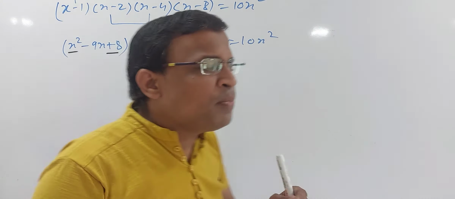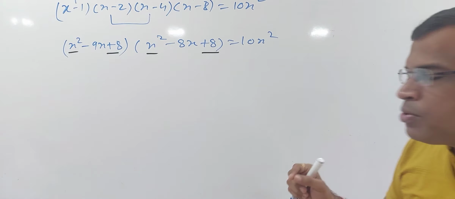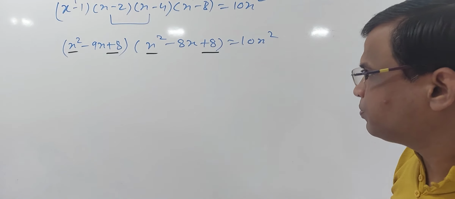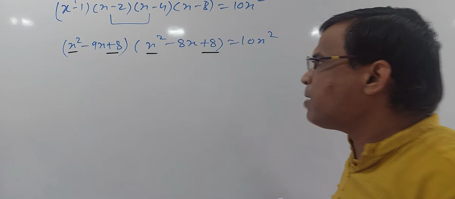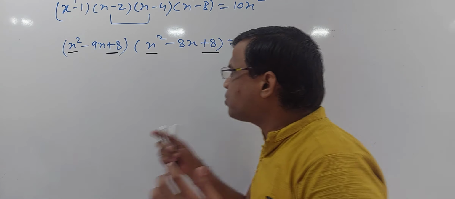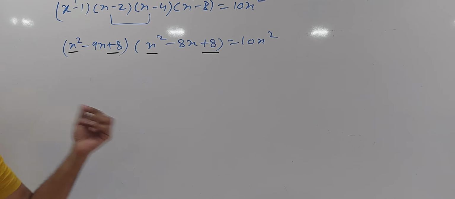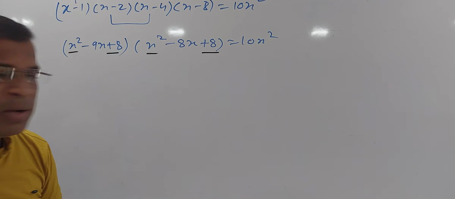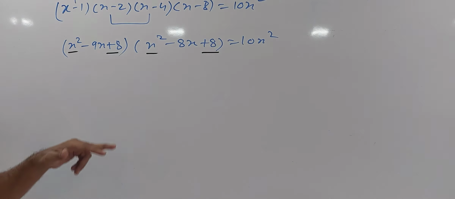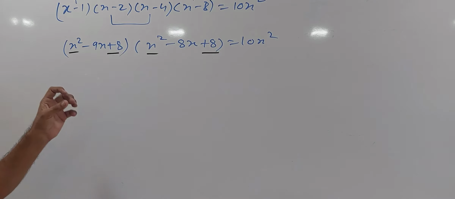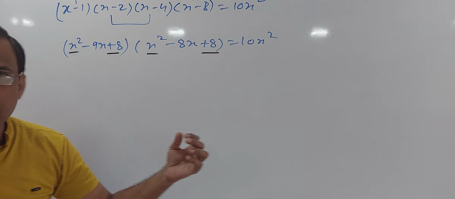But don't jump immediately. Now I will tell you where students got stuck. They can do this, but the moment they see x square plus 8, they will immediately substitute it with whatever alphabet they like. So again there will be x and that alphabet, so then again you have two alphabets.